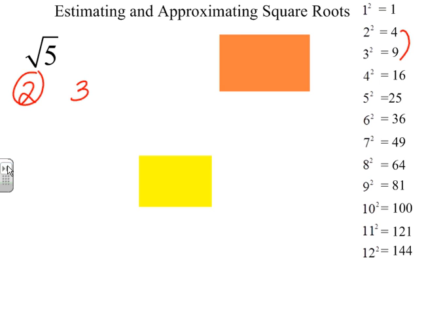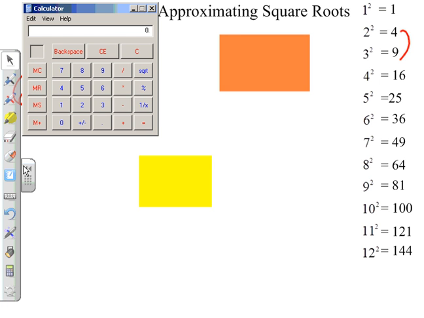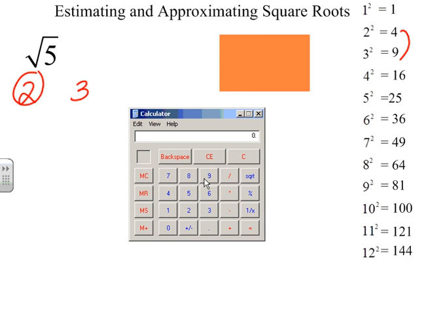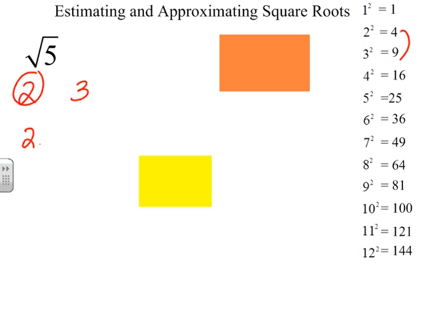So let me get a calculator. And we're going to look at what the square root of 5 is. And we get this really long number, 2.236, and so on and so forth. Well, let's write it to the nearest hundredth and talk about how we round things to the nearest hundredth. What we do is we look at what's going on in the thousandths place.